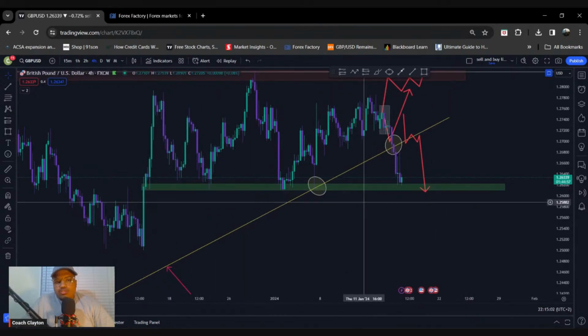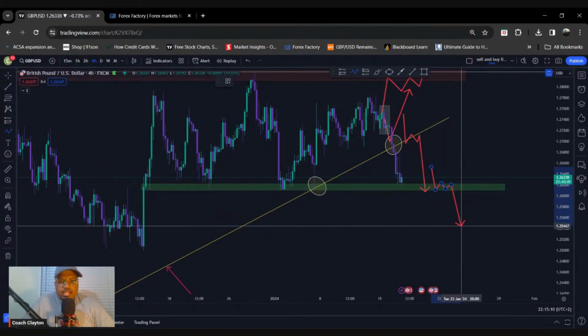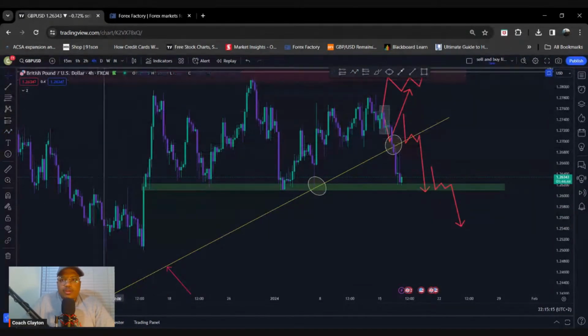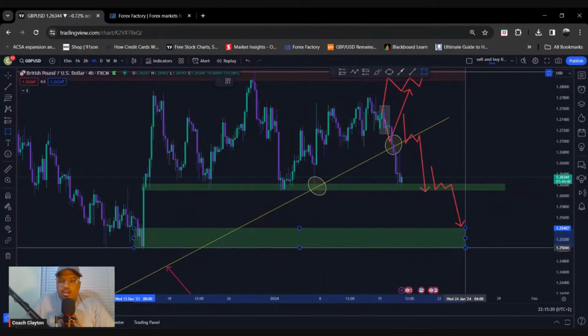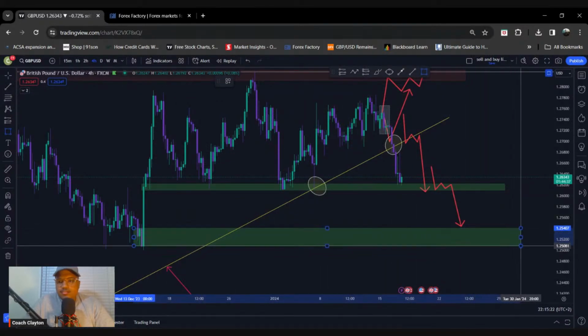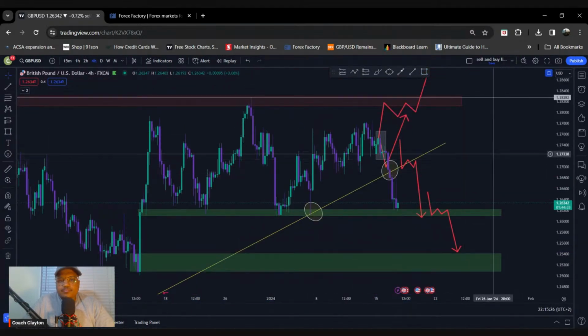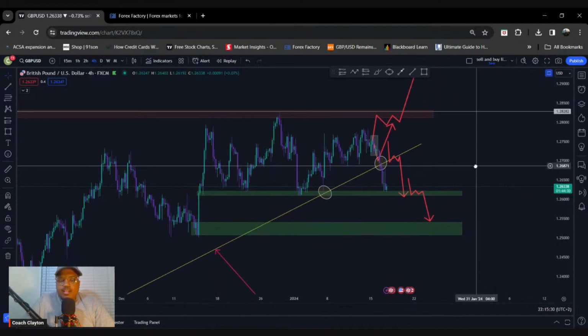And once you start to see this, and if price action starts to play within this demand zone, there's most likely that price action will reach our next opposing demand zone, right? So we can also draw this particular demand zone out as well, right? So we all have that in place. So there we have it, right?